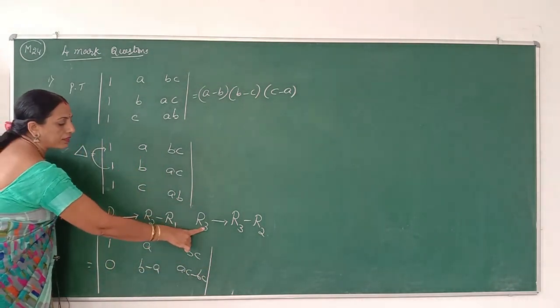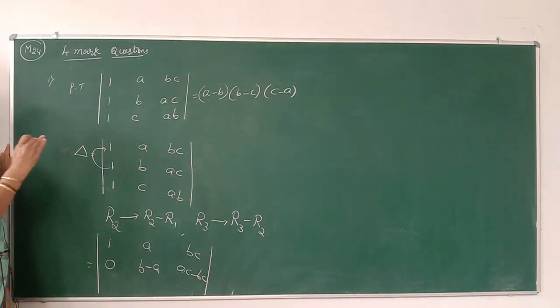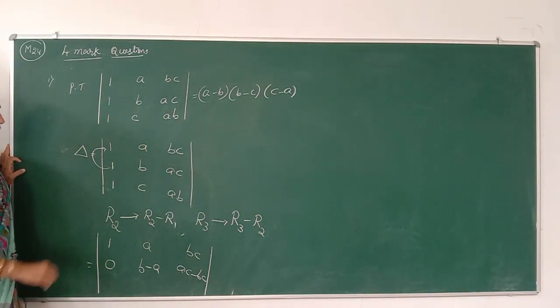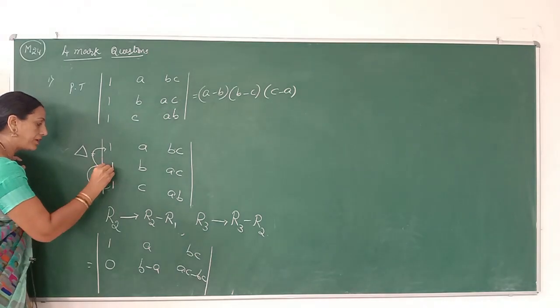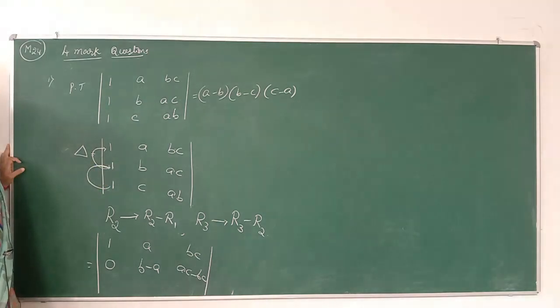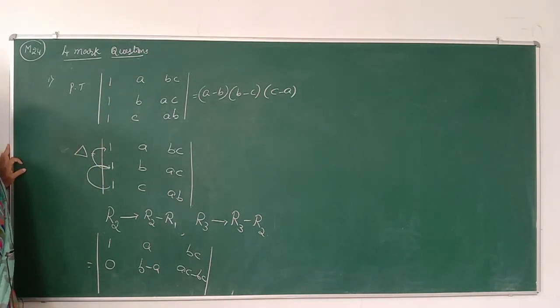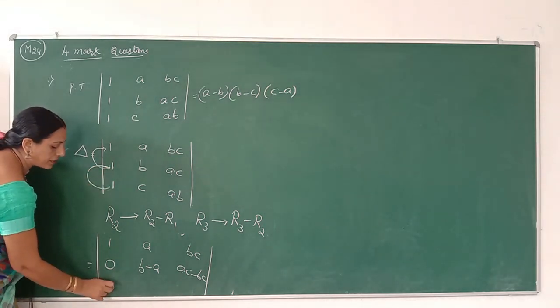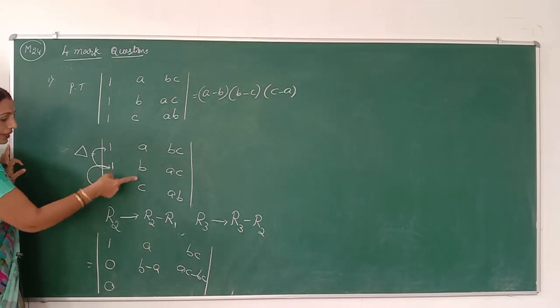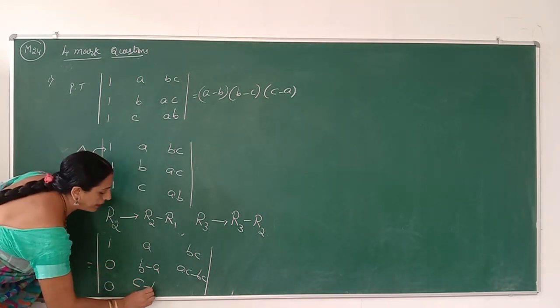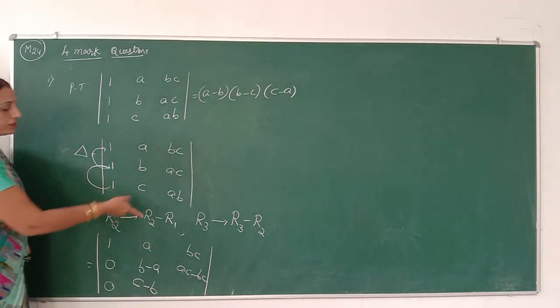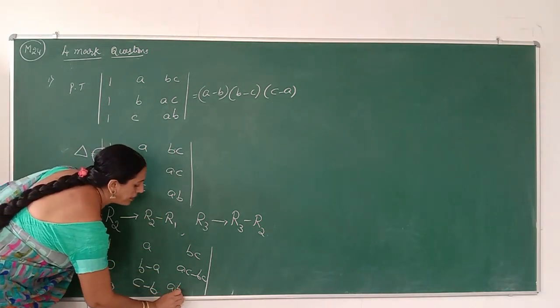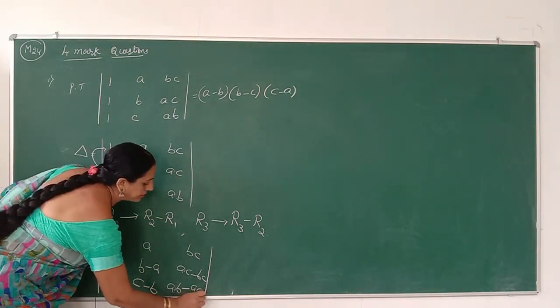Similarly, R3 can be changed to R3 minus R2. That means the corresponding elements of the third row are subtracted with the elements of the second row. Again 1 minus 1 is nothing but 0. The second place is C minus B, and the third place is AB minus AC.